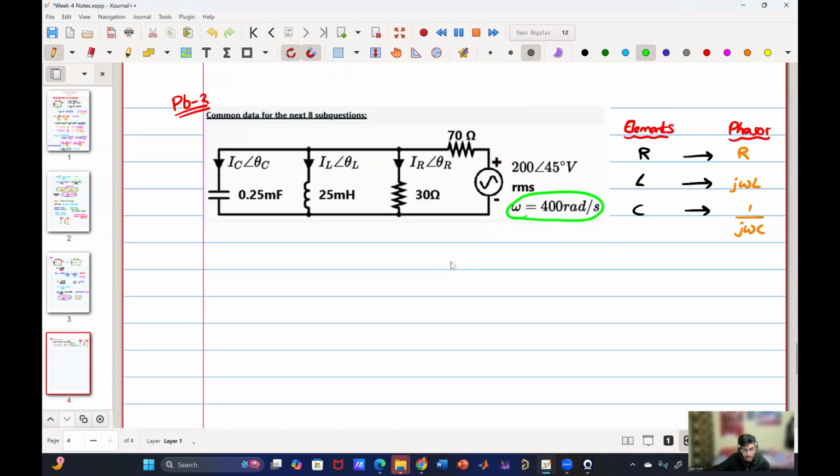Now let us transform this circuit. Can you tell me the values of R, L and C in phasor form? Just calculate and tell me quickly.